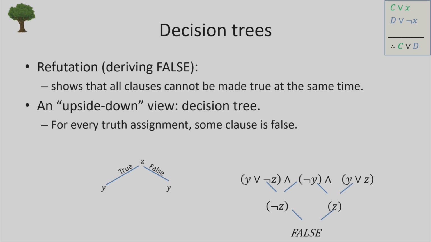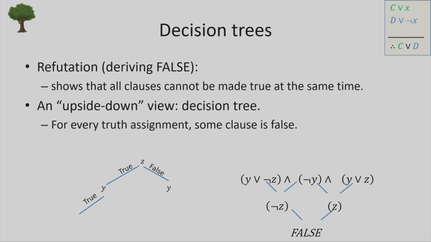Then we know that y has to be true. Well, actually, in fact, if it's false, we also know that y has to be true from the last clause. And if it's true, then we know that y has to be true from the last clause. And if it's false, we know that y has to be true from the first.